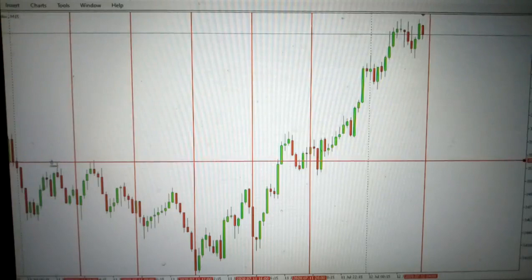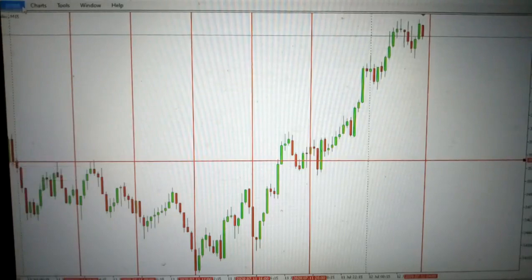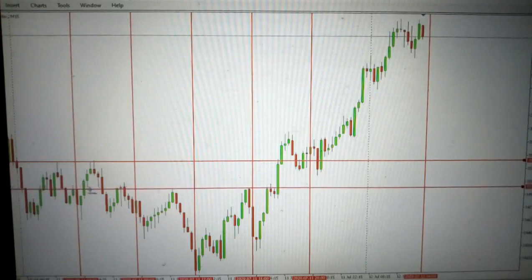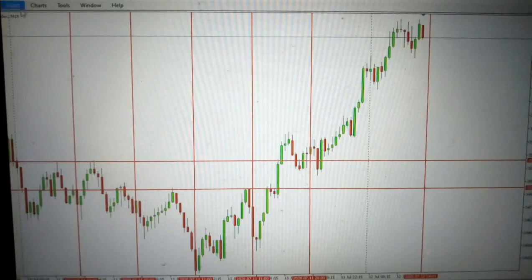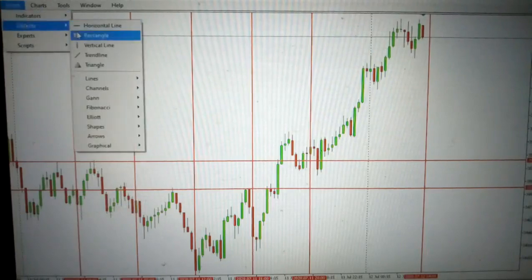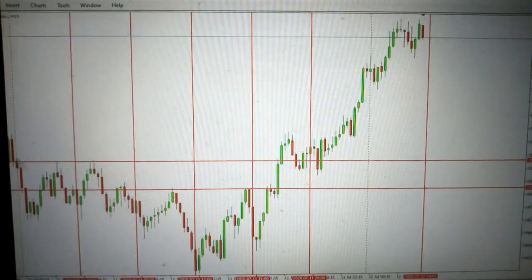So this is the closing price of the first 4-hour. Then I'm also going to place horizontal line on the next. This is the closing price of the next 4-hour. So I have like a rectangular shape of how price moved.